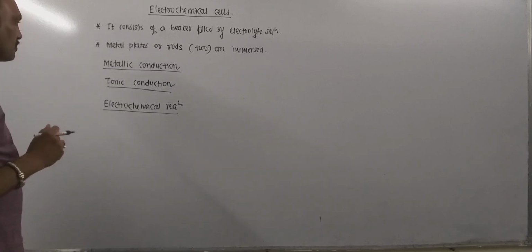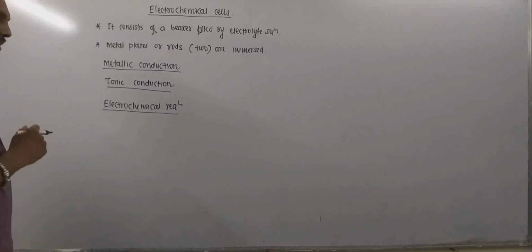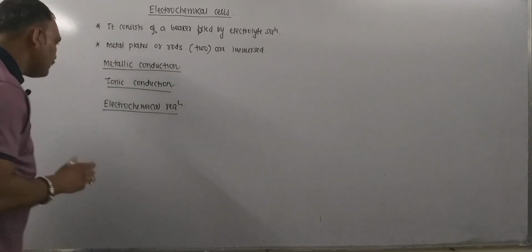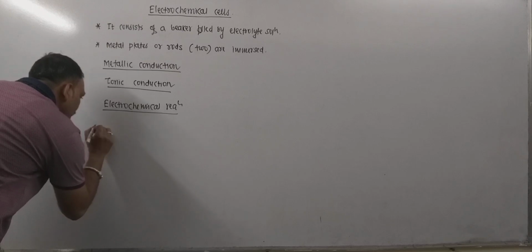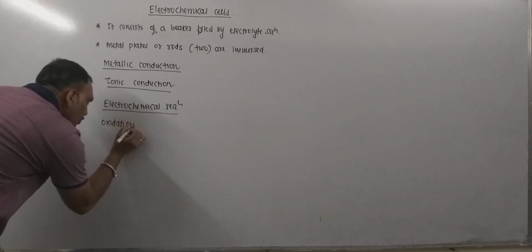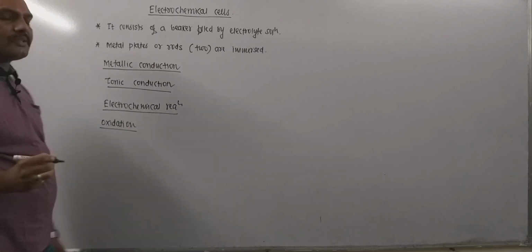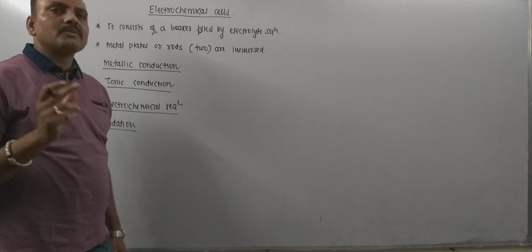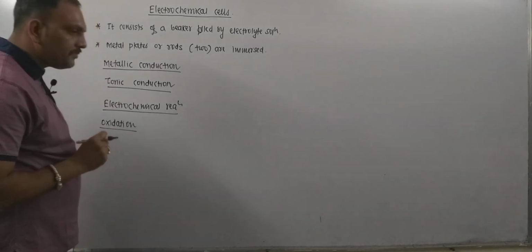So, during the course of electrochemical reaction, what happens? If we use 2 materials, zinc and copper, then suppose at one of the electrodes oxidation takes place. Oxidation is the process of loss of electrons.